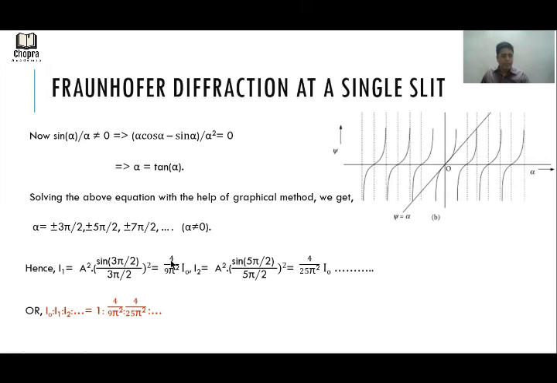So that gives me 4 by 9 pi square I naught. Similarly, I get I2 to be 4 by 25 pi square I naught and so on. So I can safely write the relation between I naught, I1, I2 as 1, 4 by 9 pi square, 4 by 25 pi square and so on. So this is all about the single slit diffraction. Thank you.